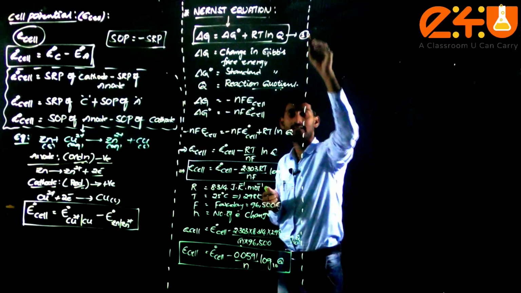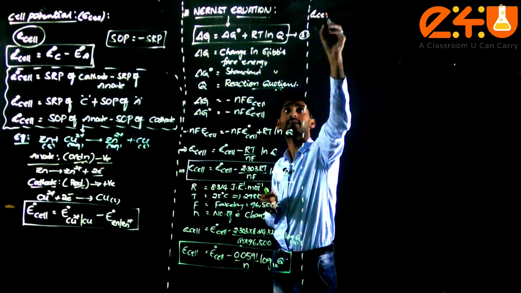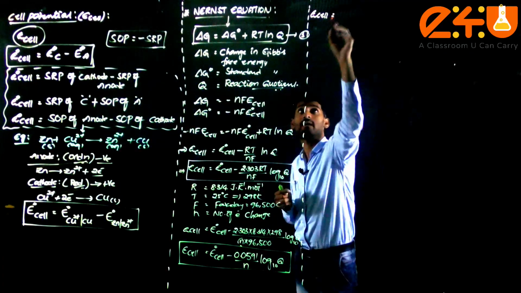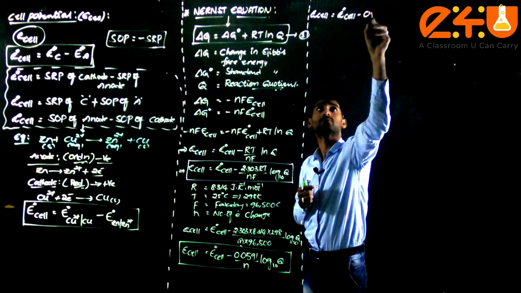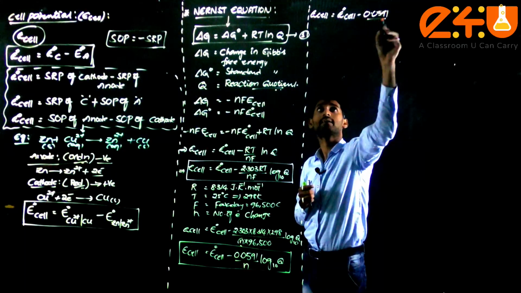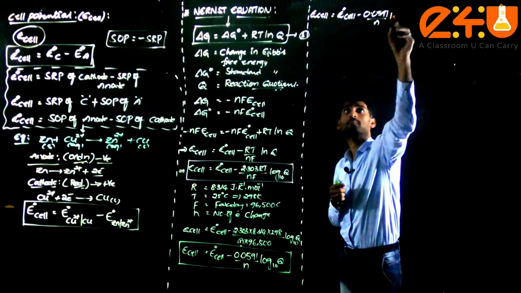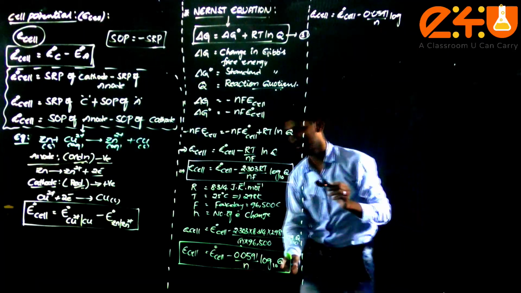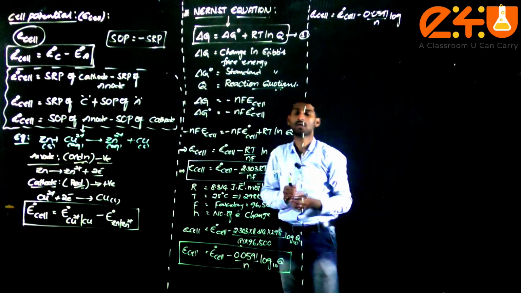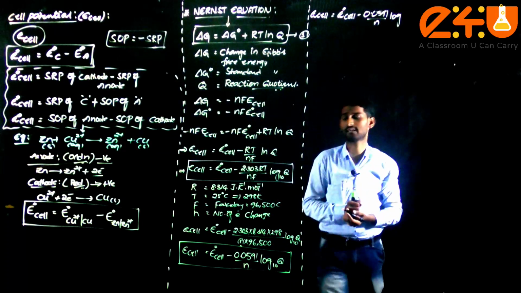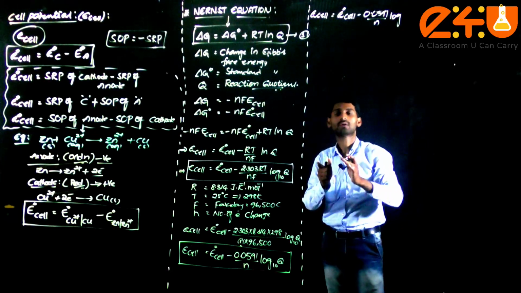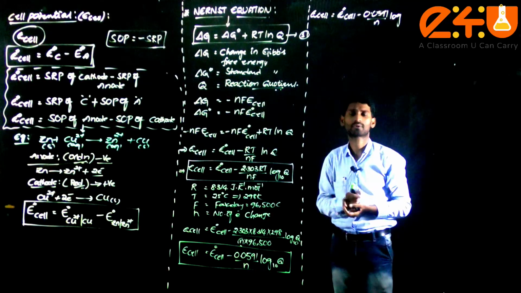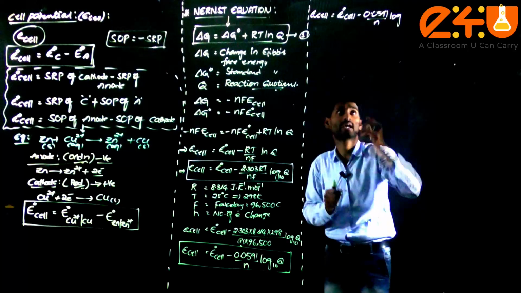Now you can write it like this also: E cell is equal to E naught cell, at standard condition, minus 0.0591 divided by N log Q. How do we write Q, dear students? You discussed this in chemical equilibrium. The reaction quotient is the ratio of the product of concentrations of the products to the product of concentrations of the reactants.